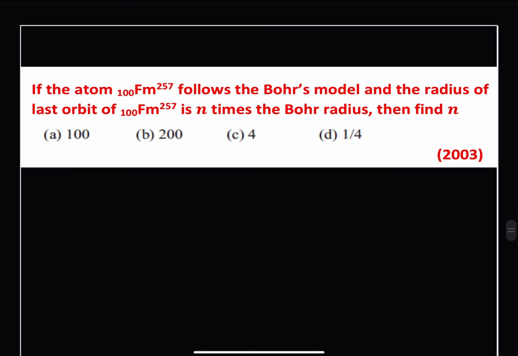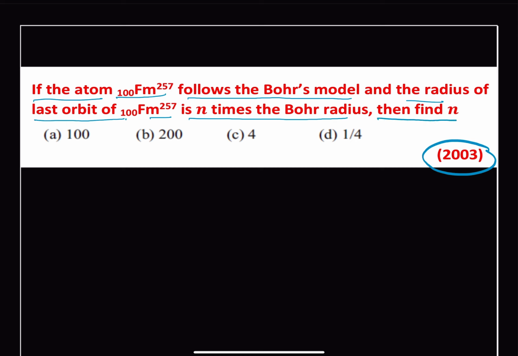It was also asked in the year 2003, and it states that if the atom Fm-257 with atomic number 100 follows Bohr's model and the radius of the last orbit of Fm-257 is n times that of the Bohr radius, then the value of n is. So this is quite straightforward. The relation between our last orbit and our Bohr radius is given to us.